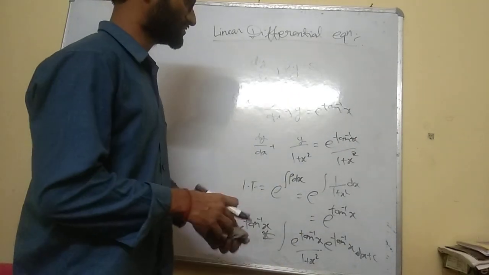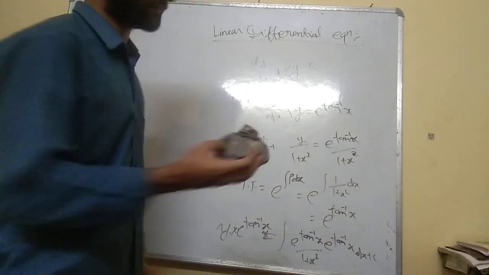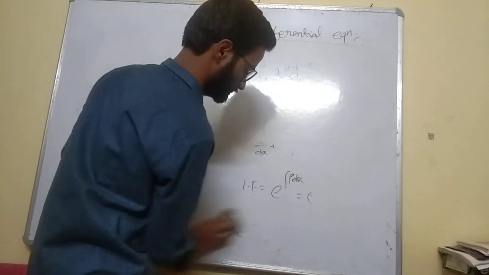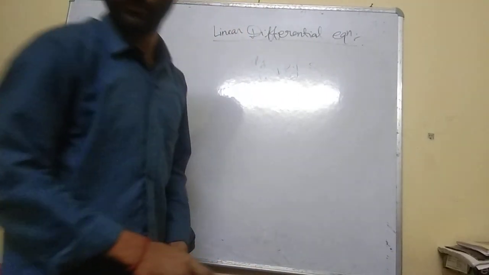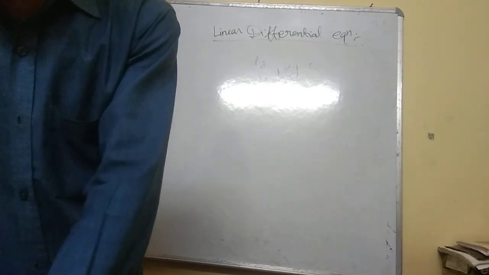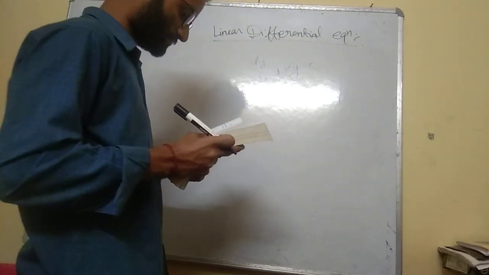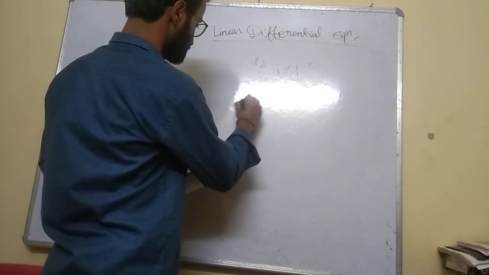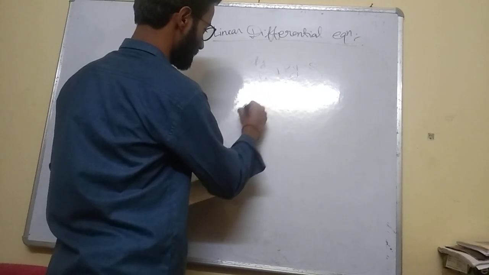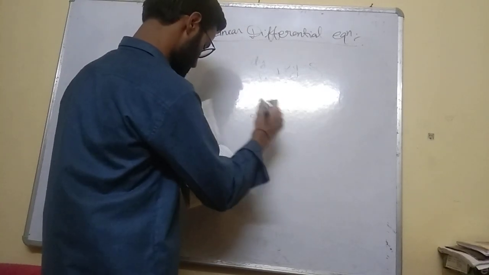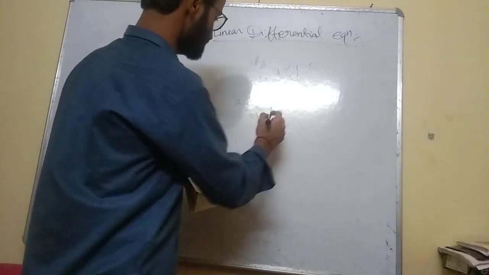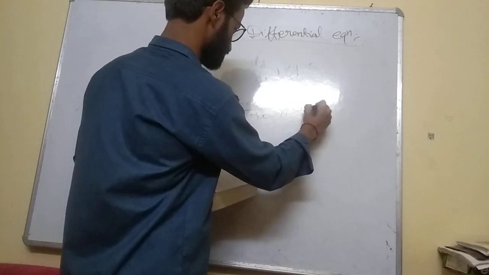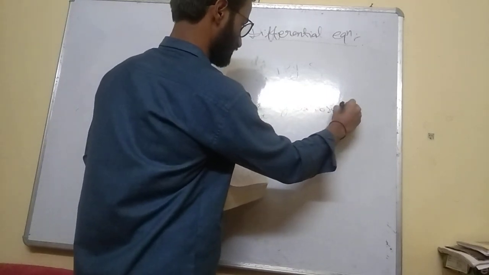So this was one of the problems. I want to take another problem. Another problem will be x dy by dx minus y is equal to 2x square cos x.